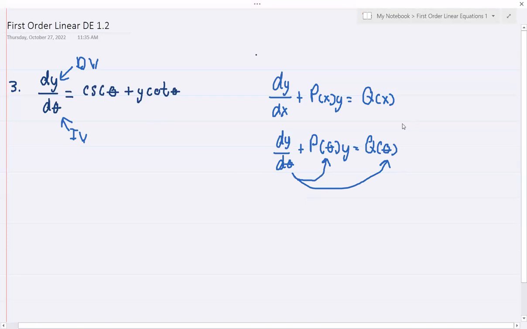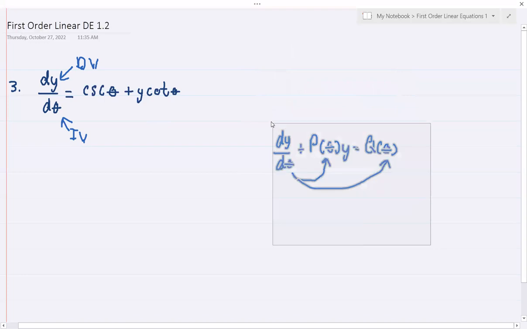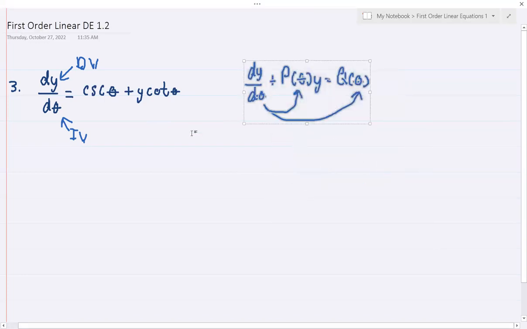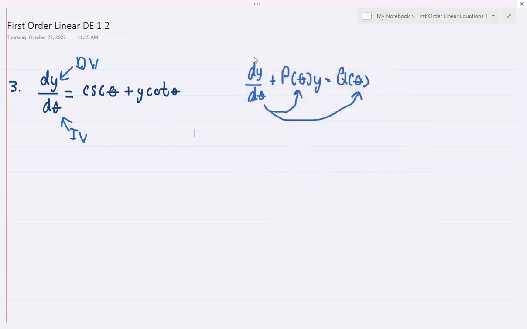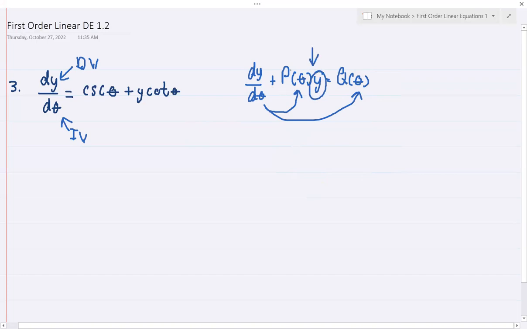Now, where was I? Let's convert this one into standard form. First and foremost, since this is already simplified, I can easily determine which one is my P and which one is my Q. Remember that your P has a partner of y. So which one of the trigonometric functions has a partner of y?